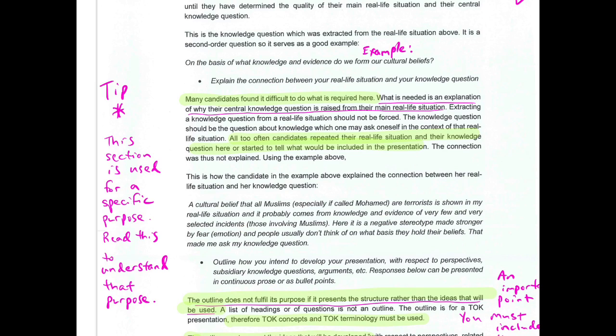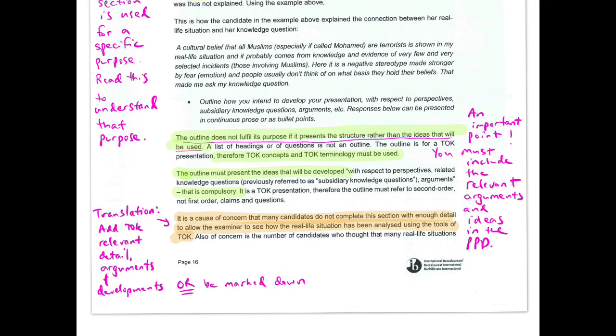So you've got knowledge items, you've got TOK terminology, and you've got a direct sentence that's saying that's what made me ask my knowledge question. Okay, on to the next difficult.